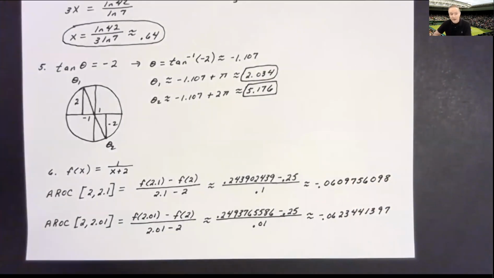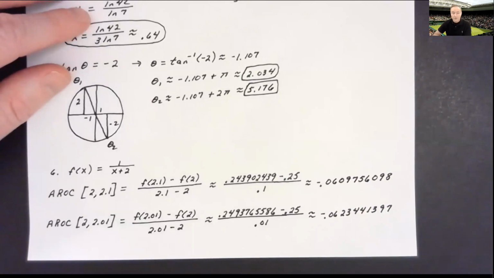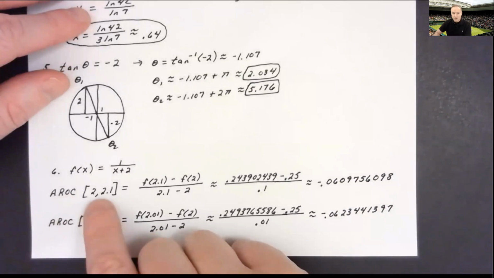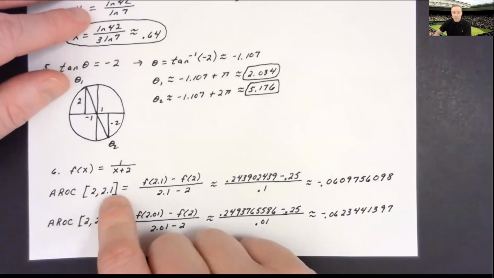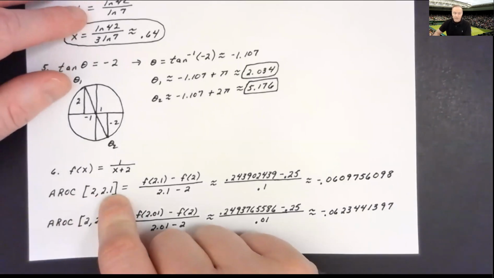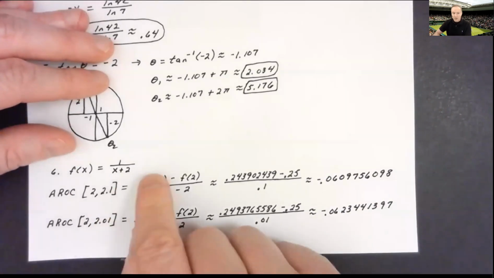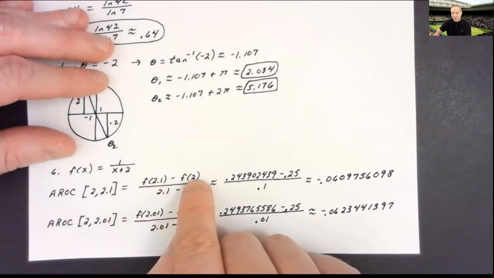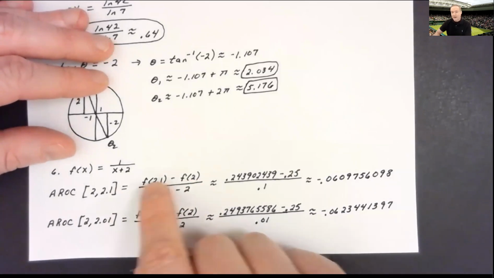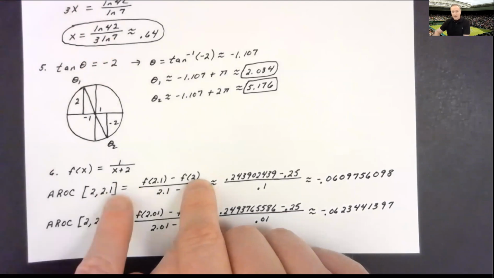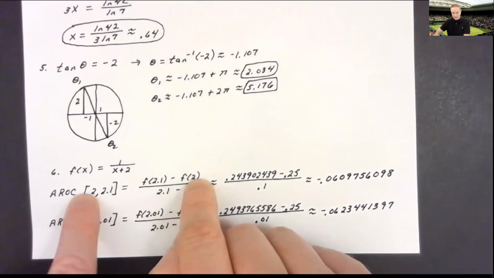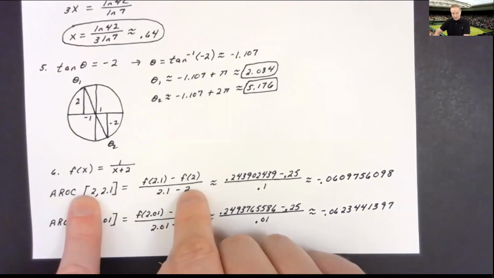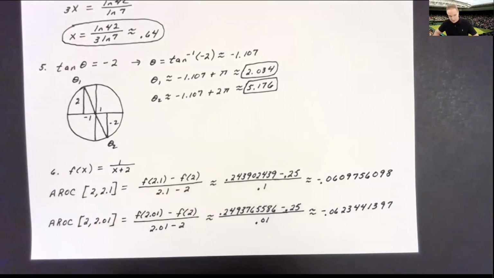If I say f of x is equal to 1 over x plus 2, and I ask you to find the average rate of change from 2 to 2.1, then you can say, well, average rate of change, that's just the change in y over the change in x. It's the ending y value minus the beginning y value, f of 2.1 minus f of 2 over the ending x component minus the beginning x component, 2.1 minus 2.